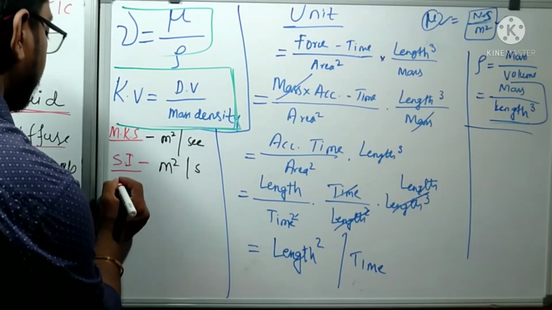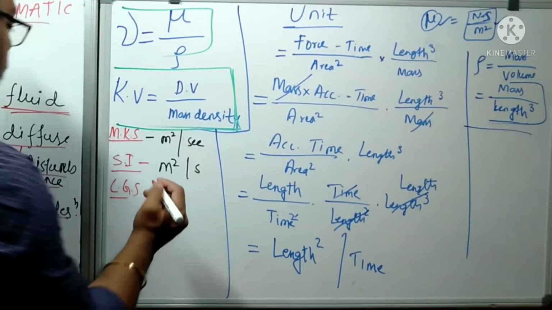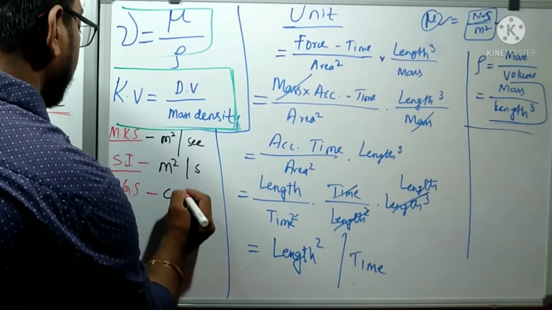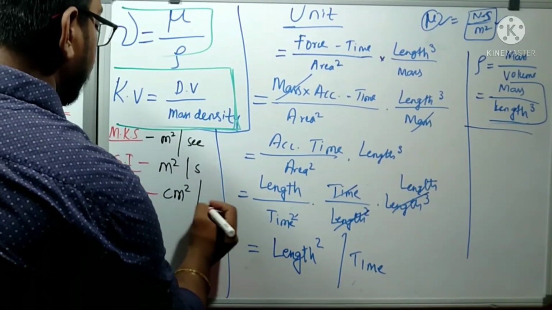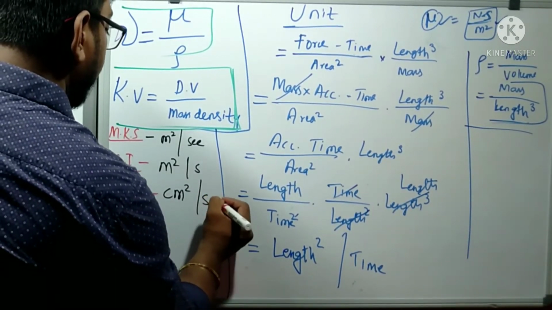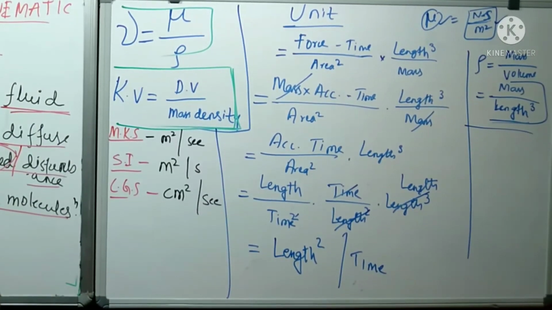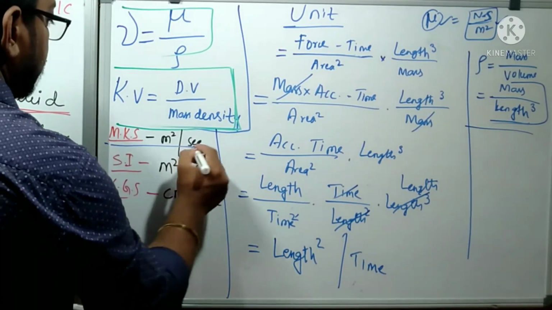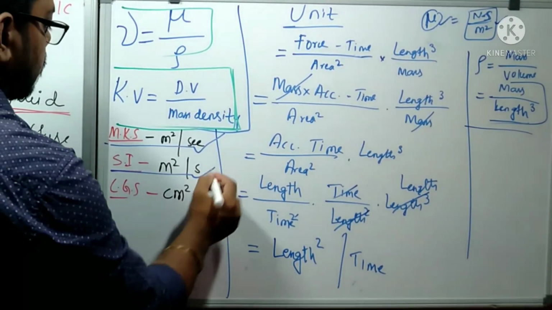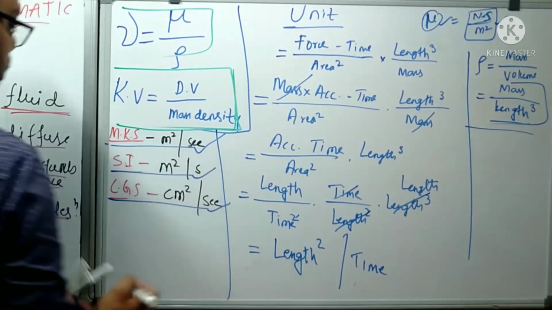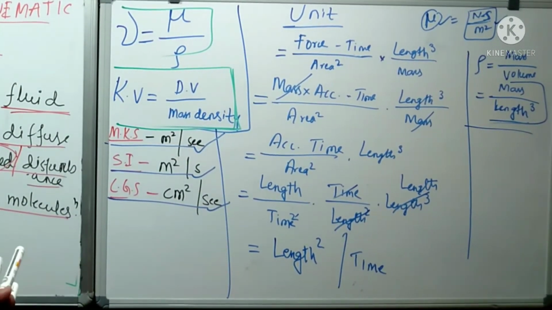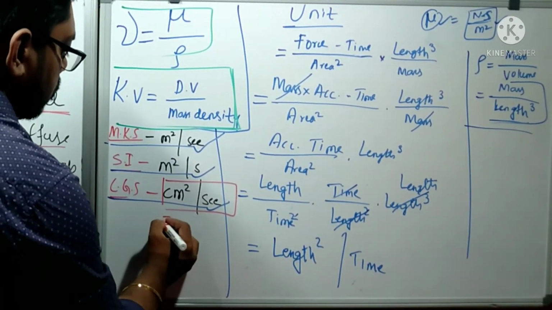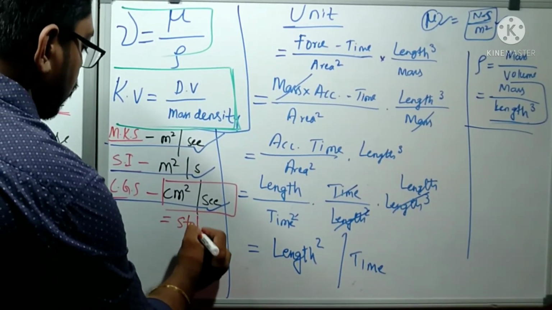And in CGS, length is denoted by centimeter, then it will be centimeter square, and time is denoted by second. So these are the MKS, SI and CGS units. Look, the MKS unit is meter square per second, the SI unit is meter square per second, and the CGS unit is centimeter square per second.